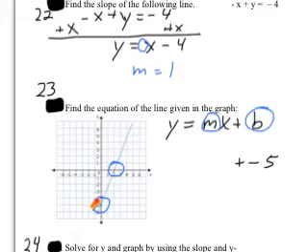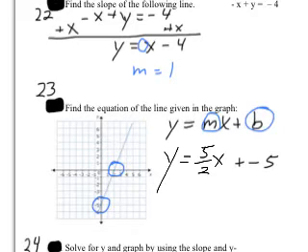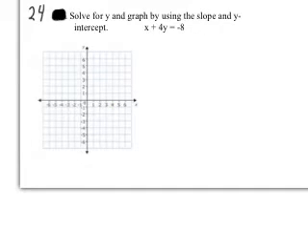We go up 1, 2, 3, 4, 5. So maybe 5 over 1, 2. 5 over 2. And there's our equation. 5 over 2 is our slope. So it's 5 over 2x plus a -5. Good job.